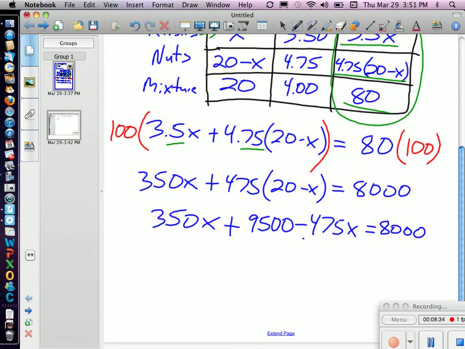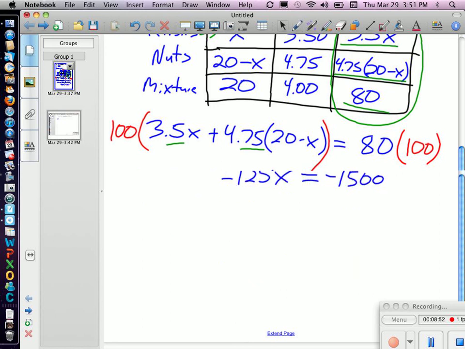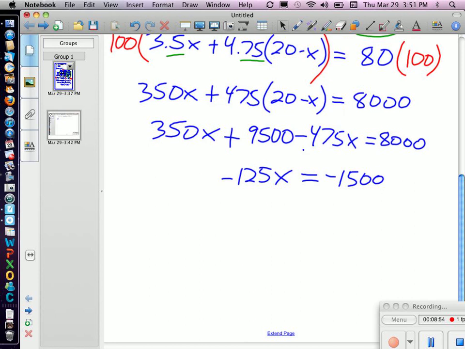And then we can combine the x terms. That gives us, what, negative 125x, I think. And then I'm going to subtract 9,500 from both sides and get negative 1,500. I guess I could look at the book if I didn't know what 20 times 475 was.